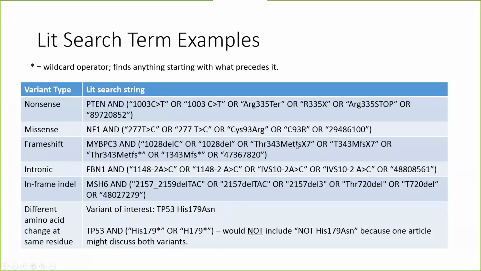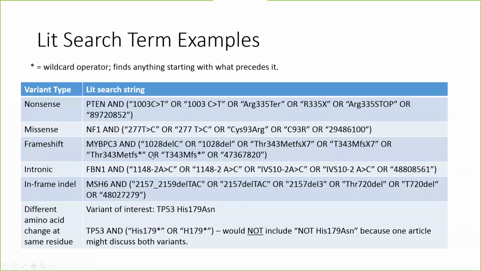They might include the 3-letter amino acid code, or just the 1-letter amino acid code. They might just say frame shift with a little asterisk to say that it causes a frame shift. So this will help you find anything that might occur after the missense change and then the frame shift position.